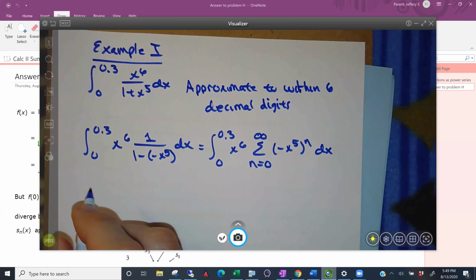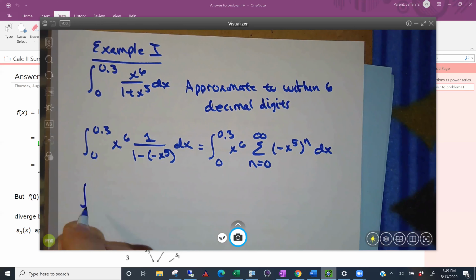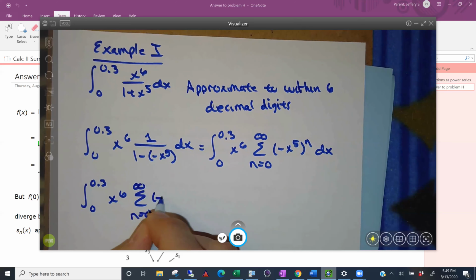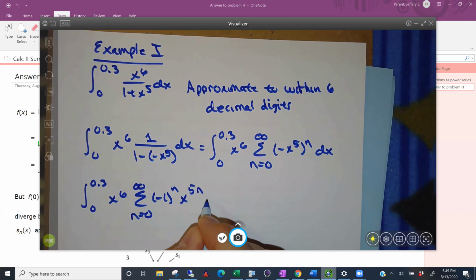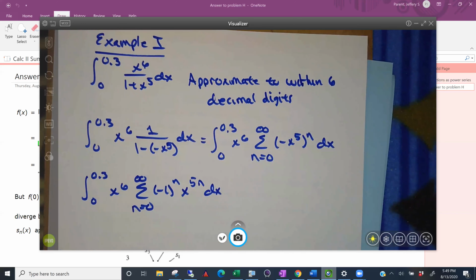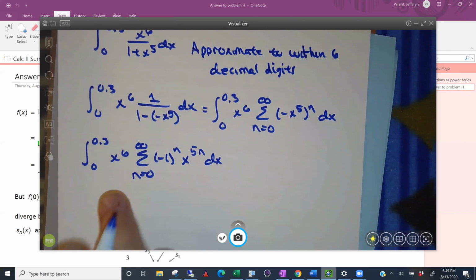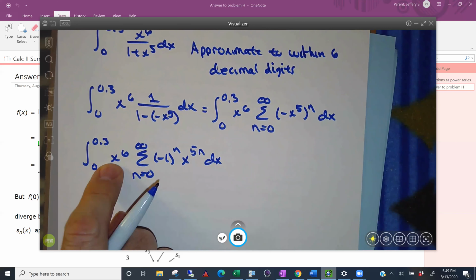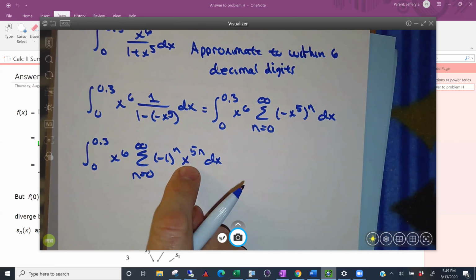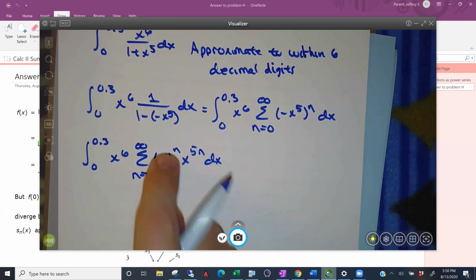So that'll be the integral from 0 to 0.3 of x to the 6 times the sum from n equals 0 to infinity of negative 1 to the nth power times x to the 5n dx. And now that I cleaned it up a little bit, I can bring in the x to the 6th. And when I multiply things with the same base, I add the exponents. So this becomes x to the 5n plus 6.